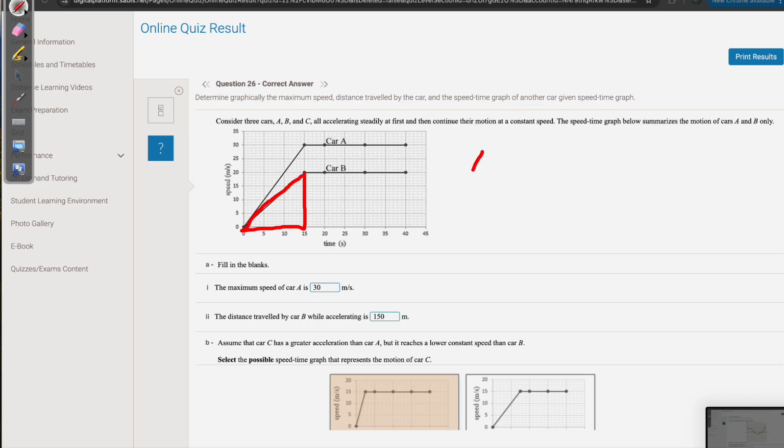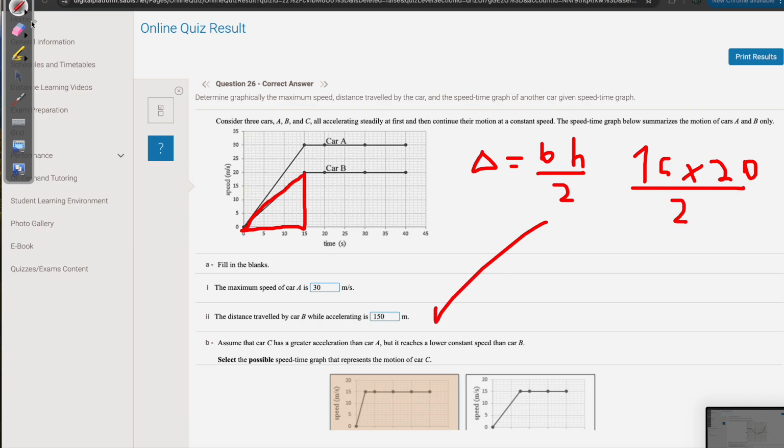So area of a triangle is equal to base times height over 2. Okay, the base is 0 to 15, which is 15, times height, which is from 0 to 20, which is 20, over 2, which is 150 meters.